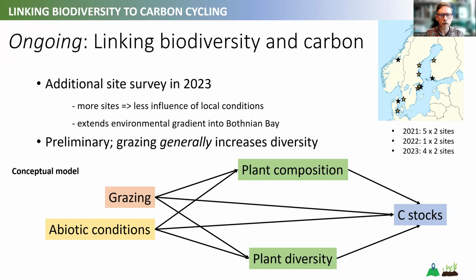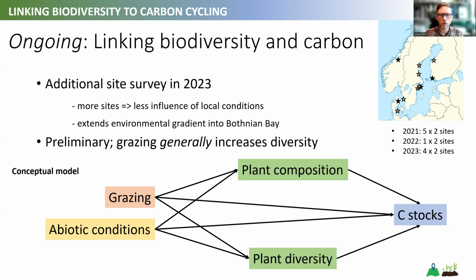So to dive more deeply into this potential role of plant communities, both their diversity and their composition from a functional perspective, especially linking plant communities to carbon stocks, we realized very early on that we needed much more data than just the data we gathered from these core sites.